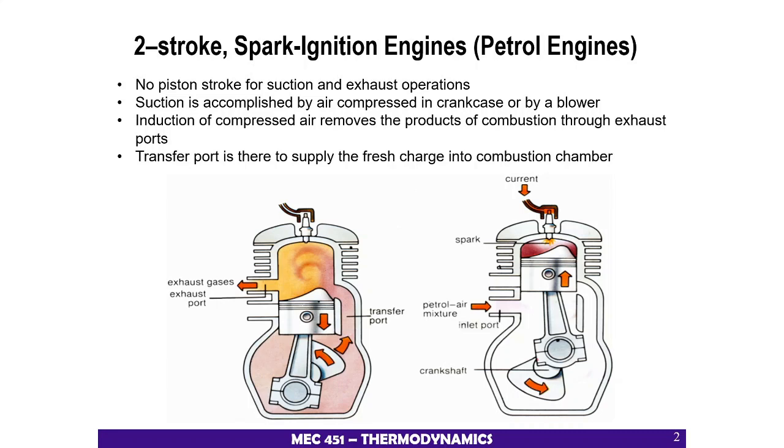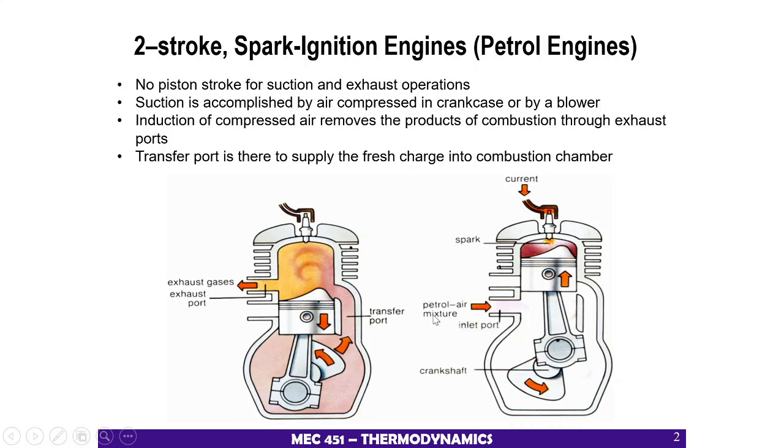In part 2 we discuss the 2-stroke spark ignition engine, which is the petrol engine. Compared to the previous 4-stroke, the 2-stroke has no piston stroke for suction and exhaust operation. Suction is accomplished by air compressed in the crankcase or by a blower.